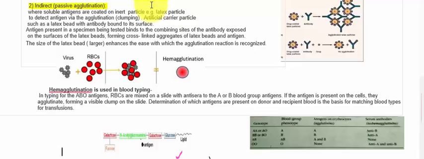An artificial carrier particle such as latex is bound with antibody on the surface. Antigen present in a specimen being tested binds to the combining sites of the antibody exposed on the surface of the latex beads, forming cross-linked aggregates of latex beads and antigens. The larger size of the latex bead enhances the ease with which the agglutination reaction is recognized.